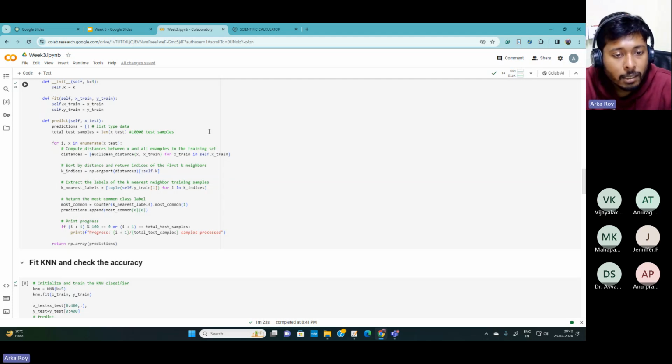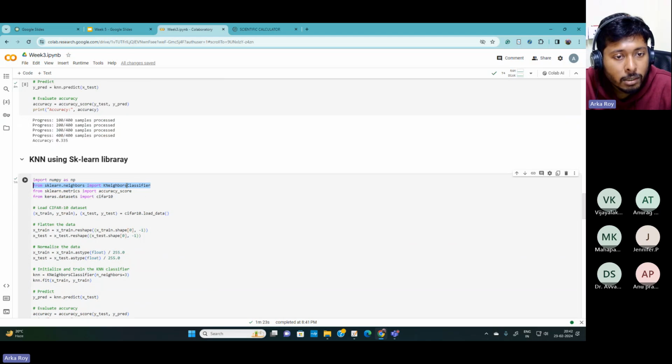But if you see the original documentation of K nearest neighbor, you will see that they have used different sorts of data structures to implement this K nearest neighbor classifier, which basically ensures the computation will be very fast and the computational complexity will be substantially low.